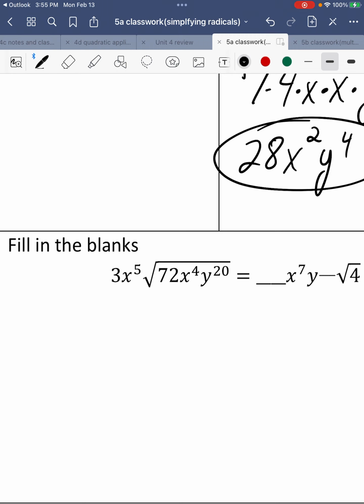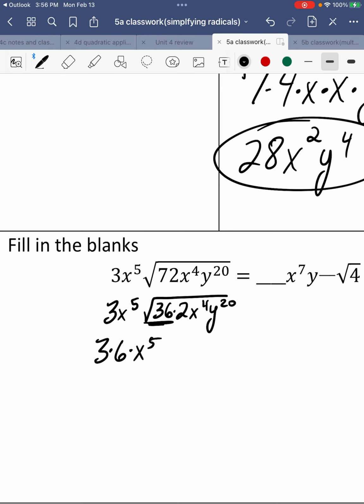And our last one, we have 3x to the 5th. It's a square root, and it's going to be 36 times 2, x to the 4th, y to the 20th. So you have 3 times the square root of 36 is 6, times x to the 5th, times the square root of x to the 4th is x squared. Square root of y to the 20th is y to the 10th.